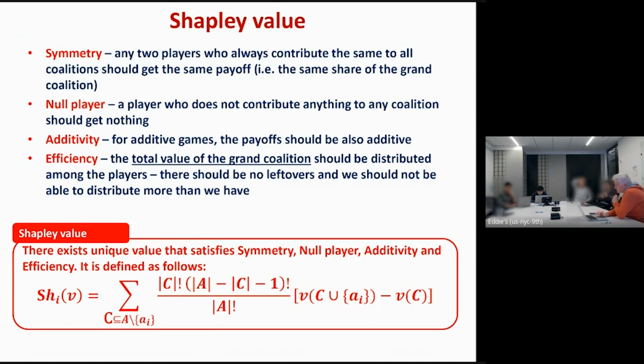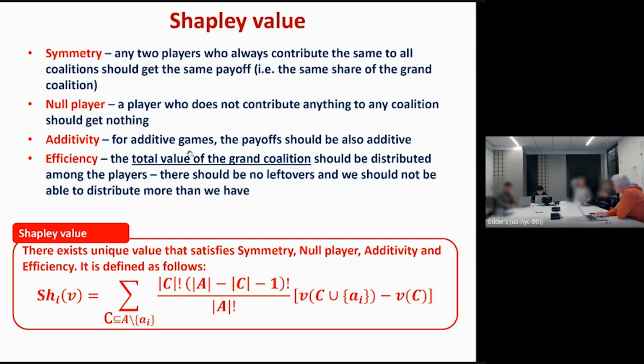So this is additivity. And efficiency means that the total value of the grand coalition should be distributed among the players. You want to split the payoff between the players, so there should be no leftover in the split.